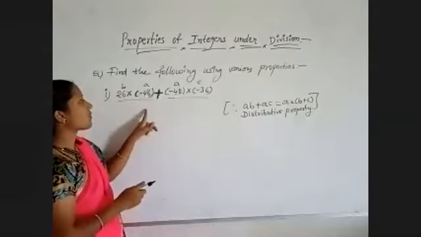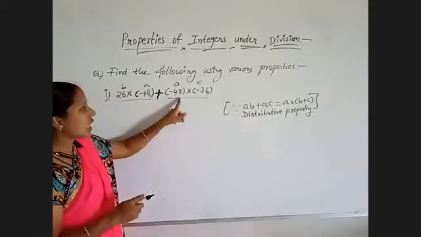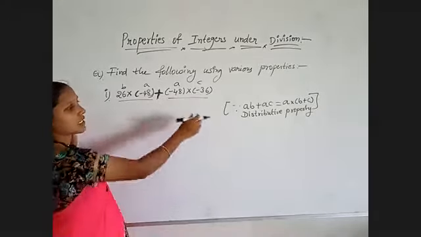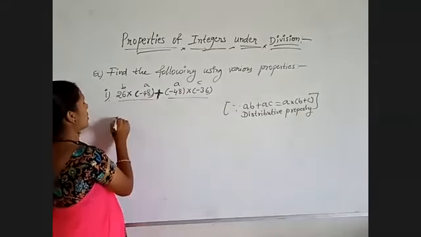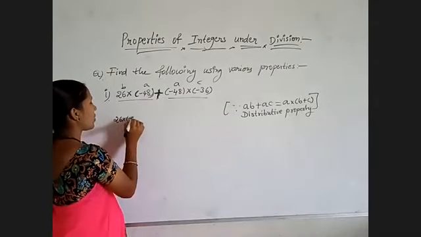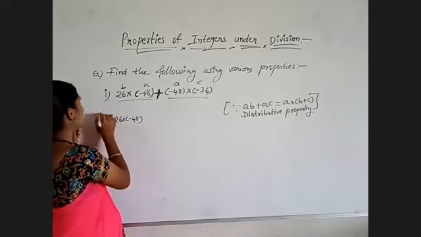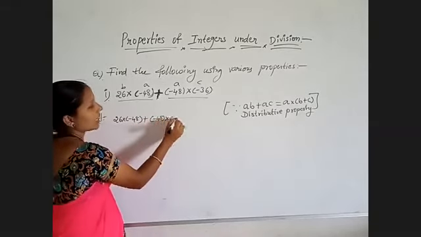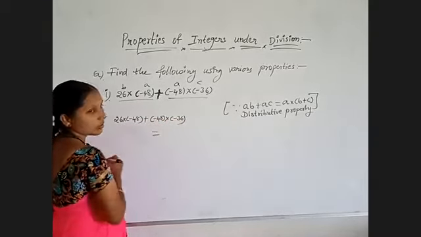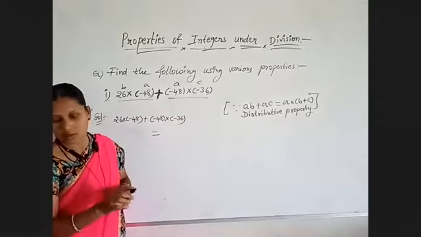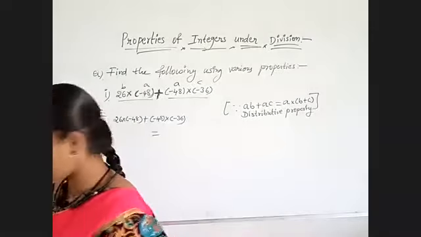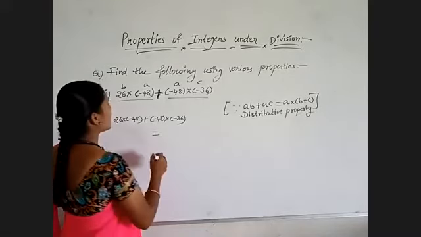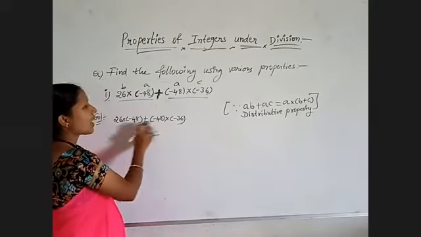So A value is minus 48, B value is 26. A value is minus 48, C value is minus 36. So what is its simplification according to the distributive property? 26 into minus 48 plus minus 48 into minus 36 is equal to... So what is the common number?